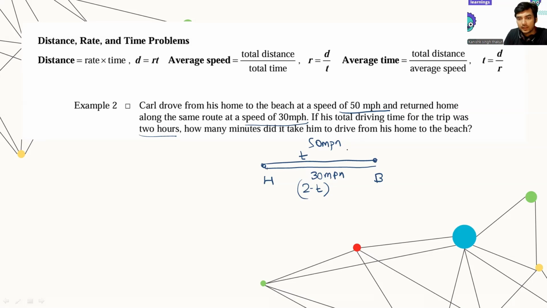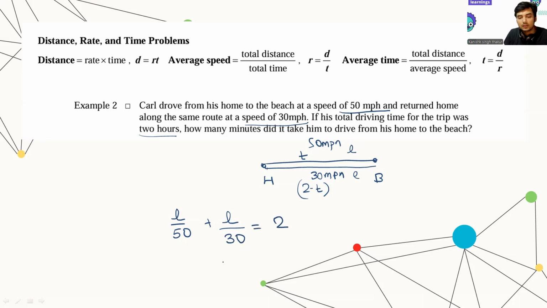So suppose L is this distance, right? L is this distance. So how much time? L over 50, this is the time T1, plus L over 30, is equal to 2, right? This time and this time.